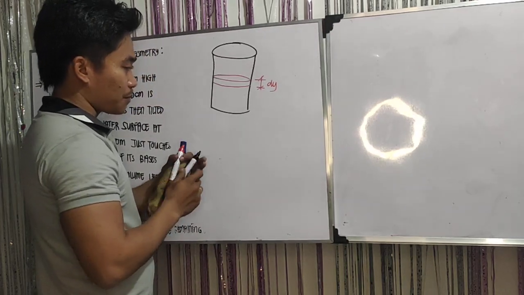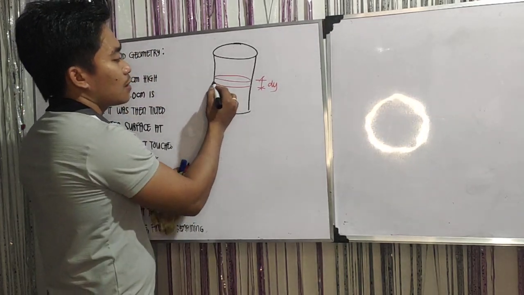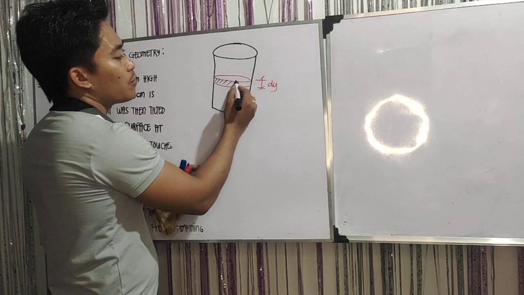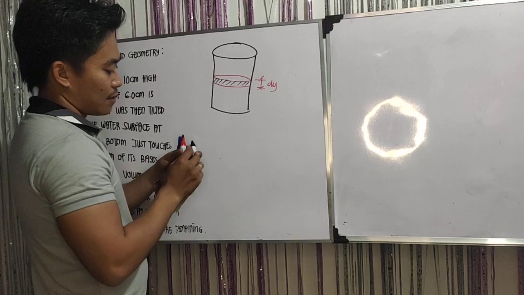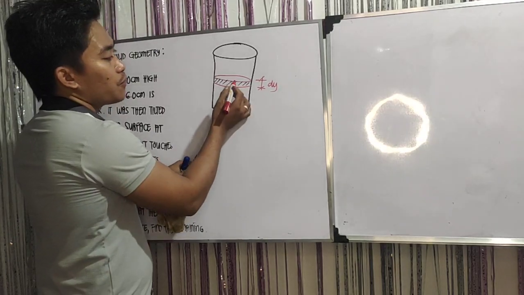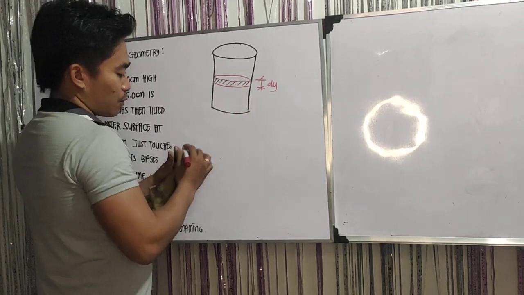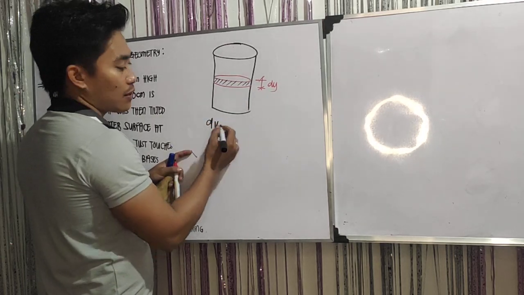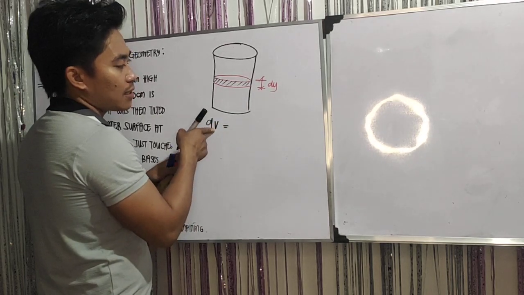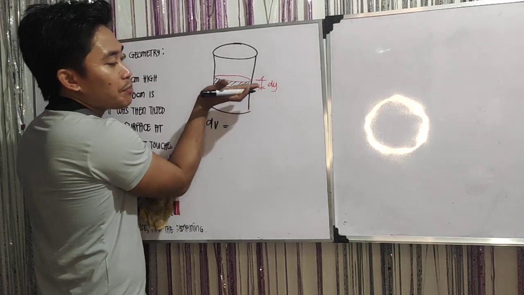Now, question. What is the volume of this strip? Tandaan, yung volume mo na yan is what we call the differential volume dV. Differential means sobrang liit niyan, sobrang nipis niyan.